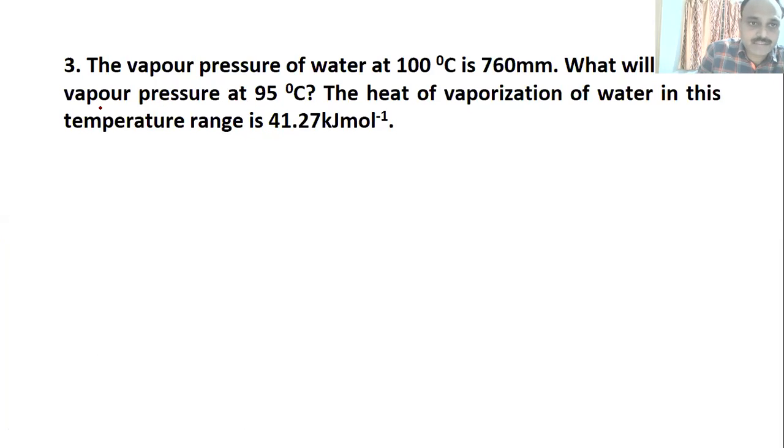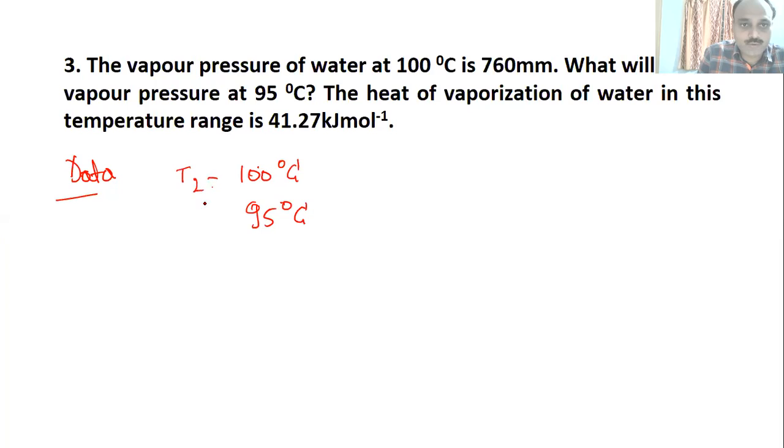First, let me note down what is given. 100 degrees Celsius is given, and the other one is 95 degrees Celsius. So I will write this as T2 and this as T1. The vapor pressure of water at 100 degrees Celsius is 760 mm; that I will write as P2.